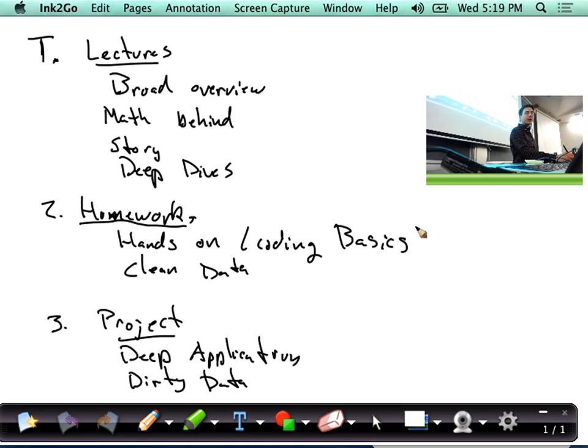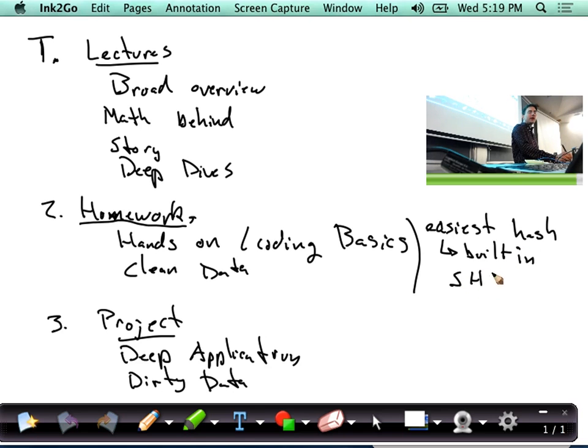I'll give you a couple of hints on homework 2. For the random hash functions used in min hashing, the easiest hash function is usually one that's built in to a language, and the one I talked about in the notes is the SHA-1 hash function.